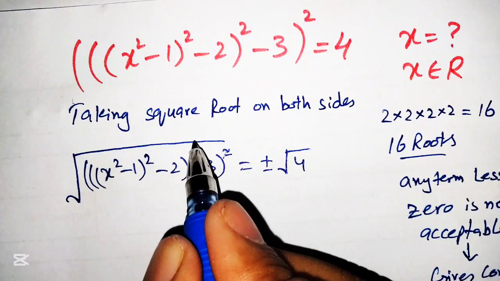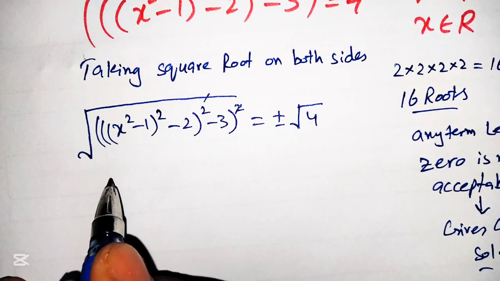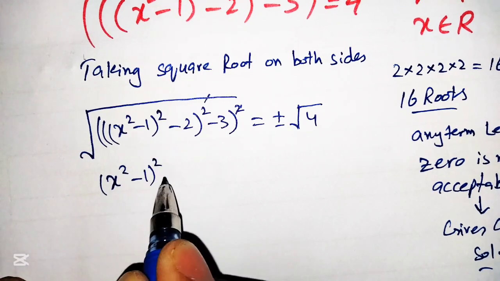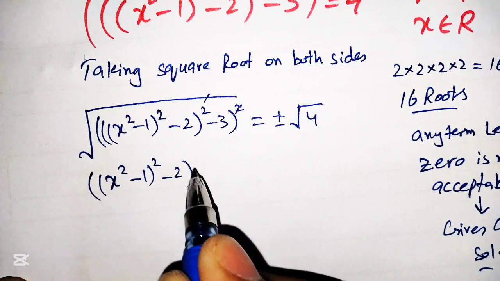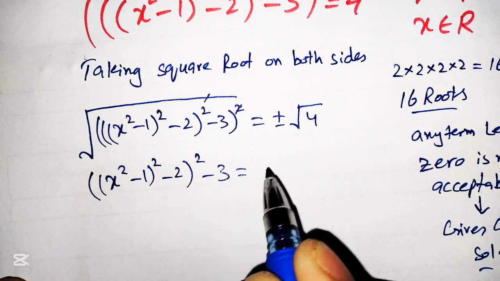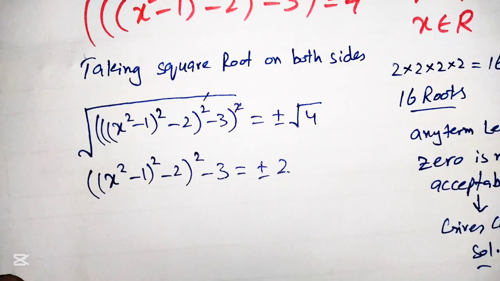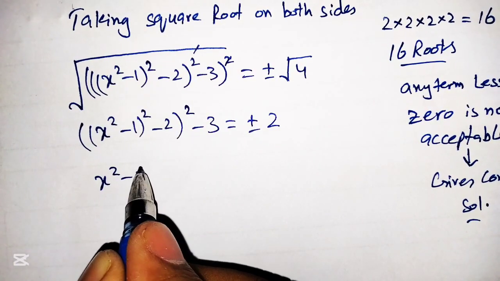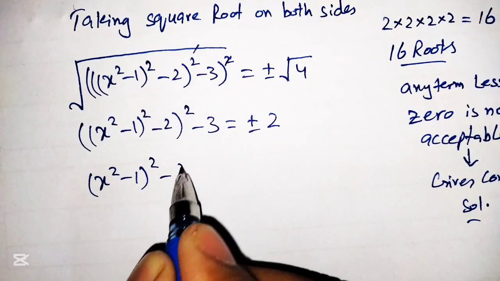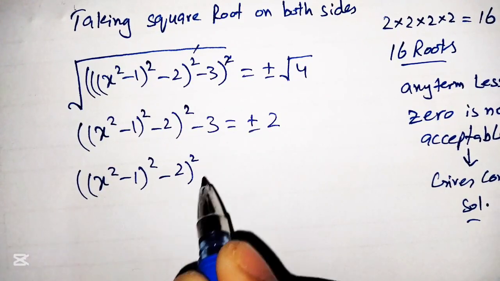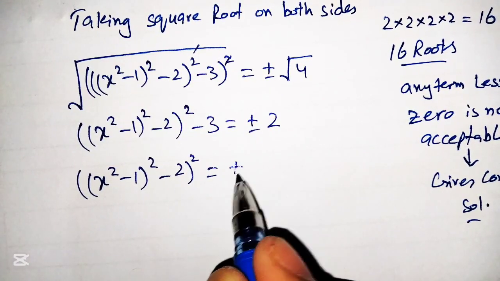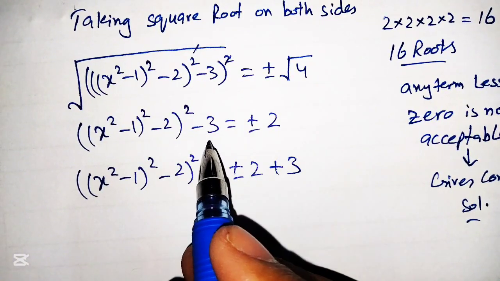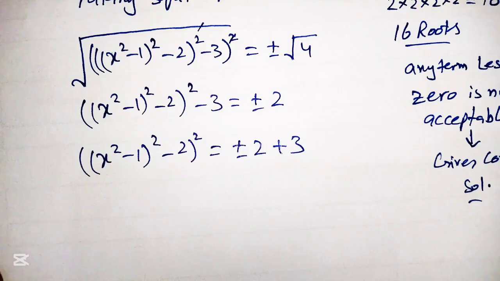Now this square will cancel out with this square root, and we will get x square minus 1 square minus 2 square minus 3 is equal to plus minus 2. And from this we can write it as x square minus 1 square minus 2 square is equal to plus minus 2 plus 3. Taking this minus 3 towards the right hand side, we get this.